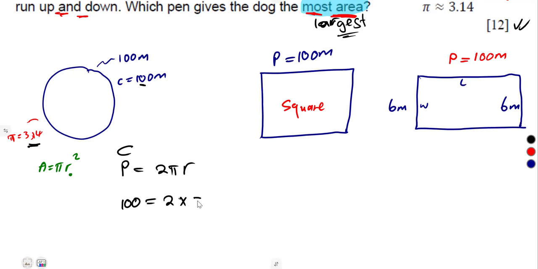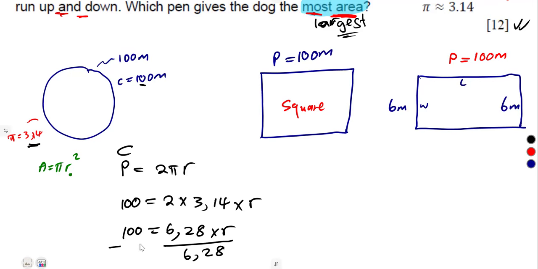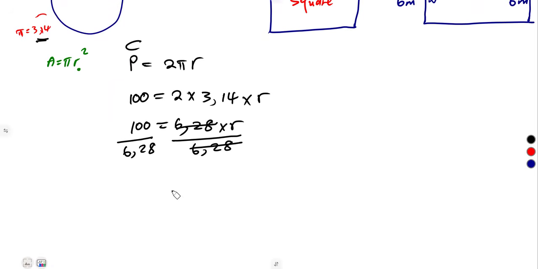They said to use pi as 3.14, times the radius. So 100 is equal to 2 times 3.14, which gives 6.28 r. To find r, you divide by 6.28 on both sides.